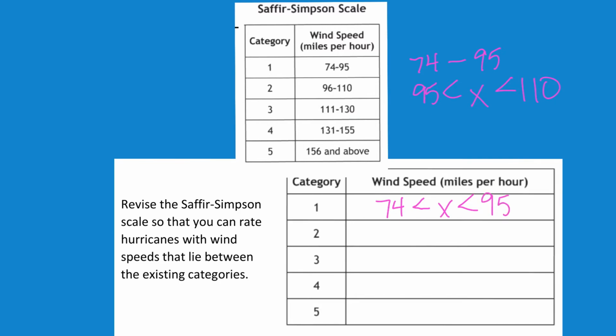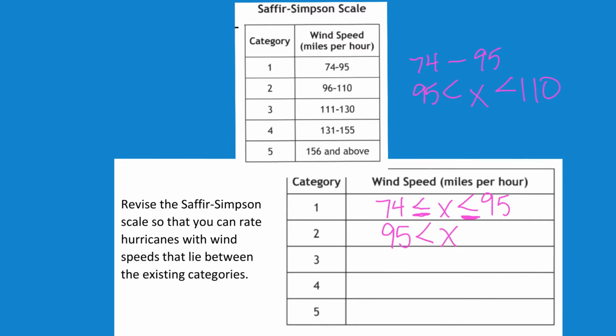Now, because this is our first category, if it's 74 miles an hour, if it's equal to that, it's going to be in category 1. If it's equal to 95 miles an hour, it's going to be in category 1. But to take into consideration 95.5 or anything between 95 and 96, in this next category we're going to say it can be anything greater than 95, but not equal to.